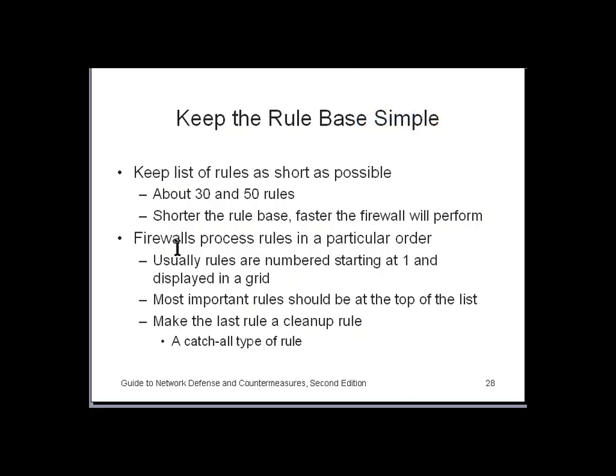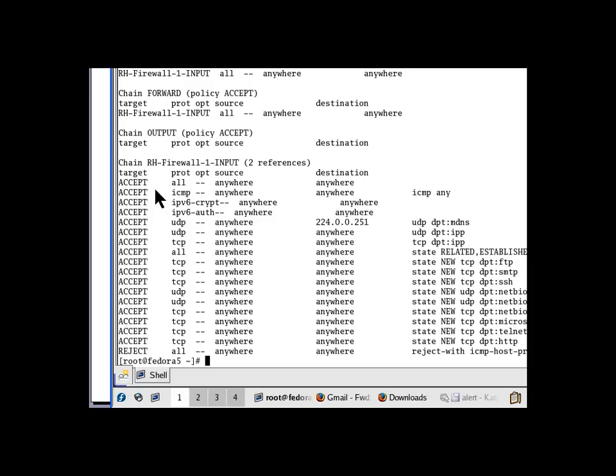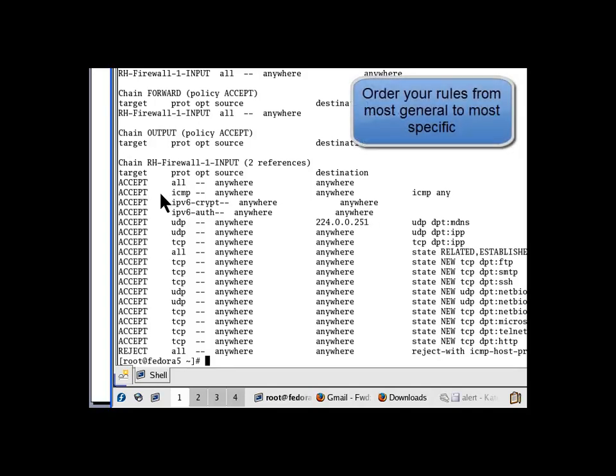And we process the rules in a particular order, starting from the very first rule. So if we look at this here, actually the first rule is going to be this rule right here, accept ICMP anywhere, anywhere. This is going to be the first rule that's looked at. When a packet comes in, it's going to be compared against this, then this, then this, then this, then this, then this.